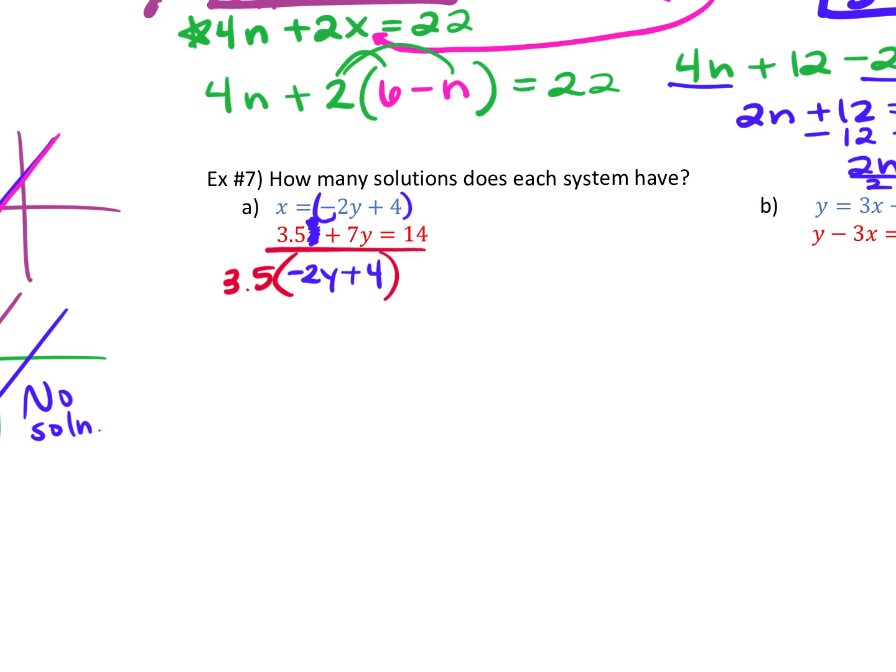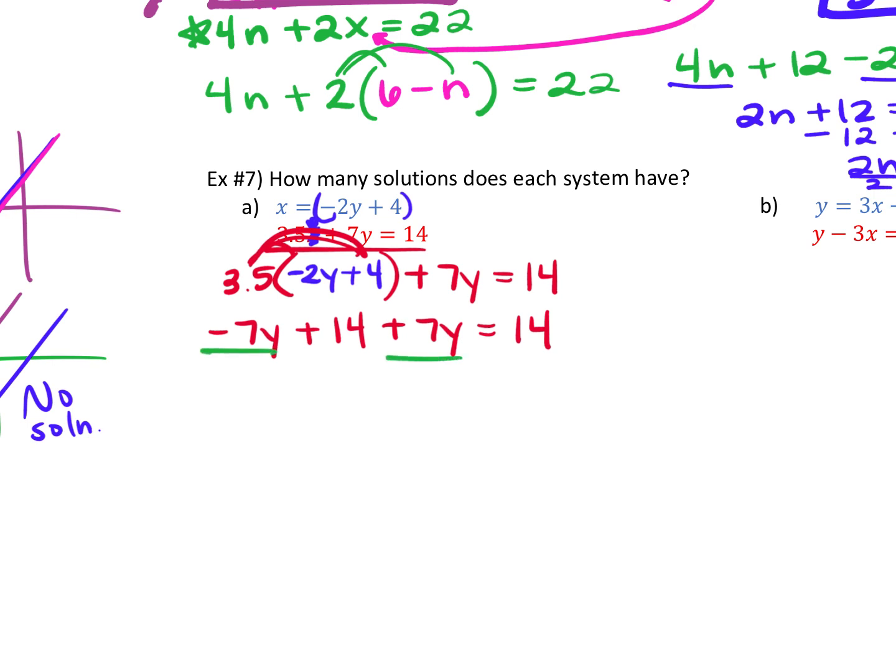And then I just finish out this equation. Plus 7y equals 14. Now I distribute. So this is going to be a negative 7y plus 14, 3.5 times 4, plus 7y equals 14. And look what happens here.